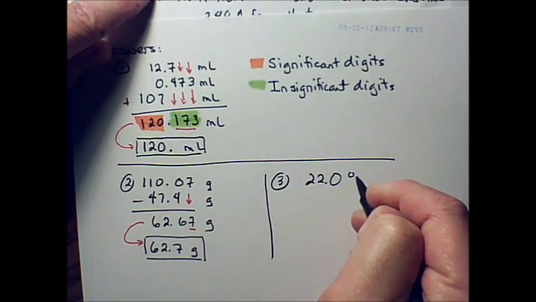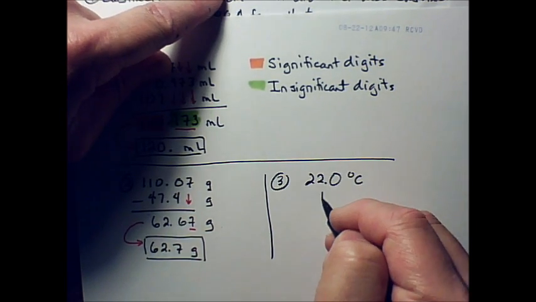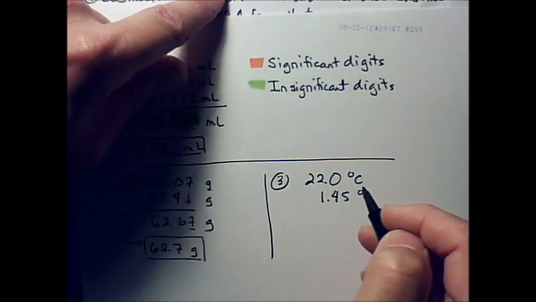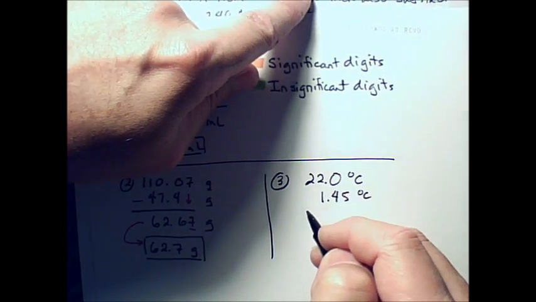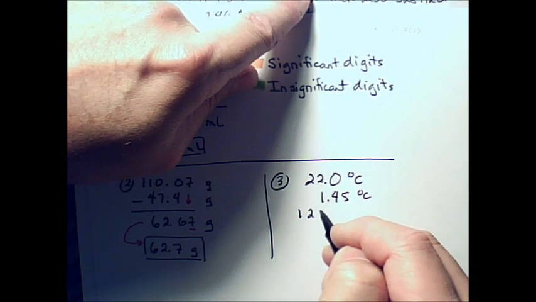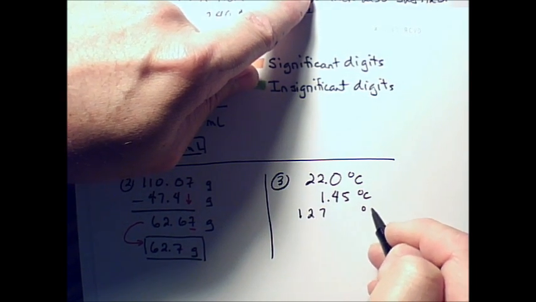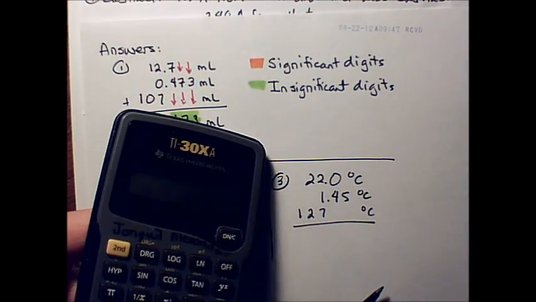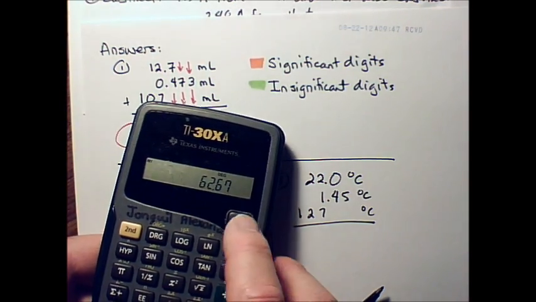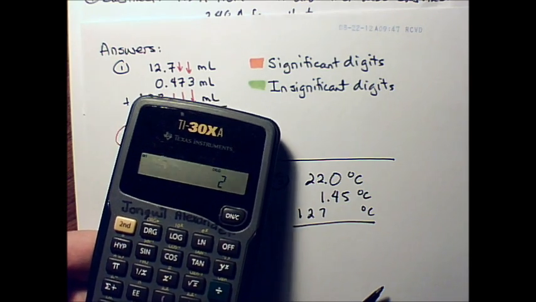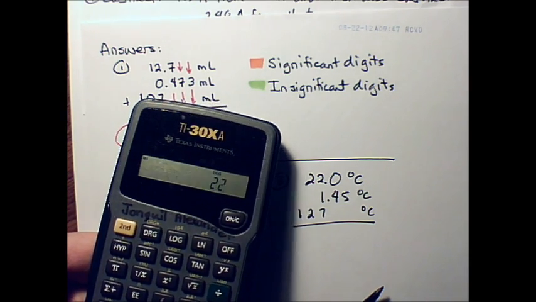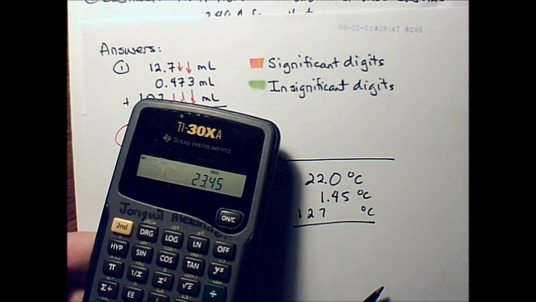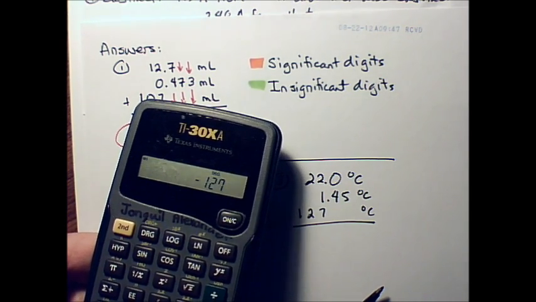22.0 degrees C, 1.45, 1.5 degrees C. I should have left some more space over here, so I can put the little arrows up there. And 127 degrees C. I'm going to add all these together. So 22.0 plus 1.45 plus 127.